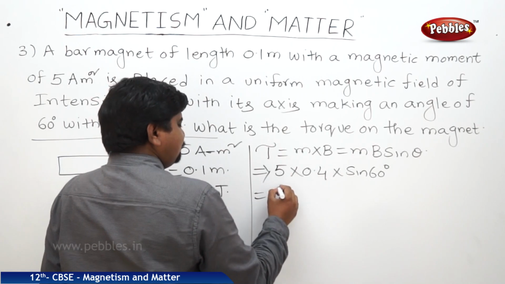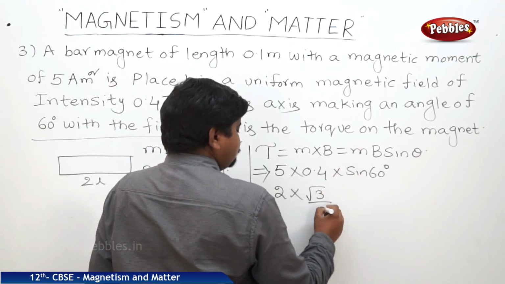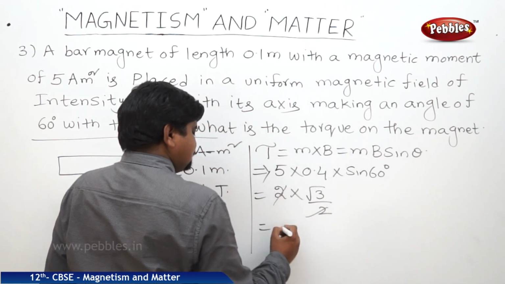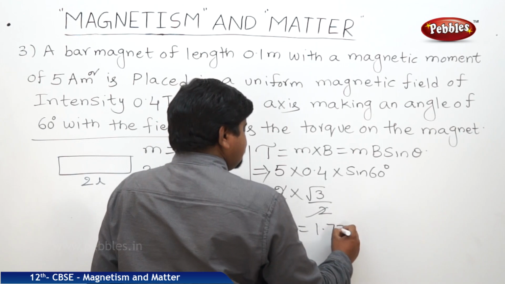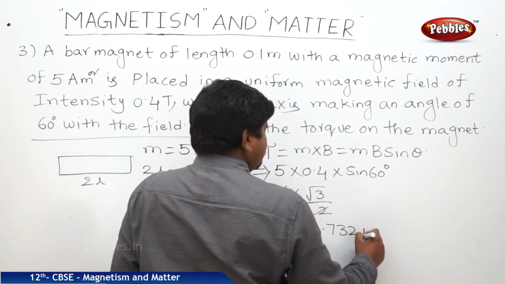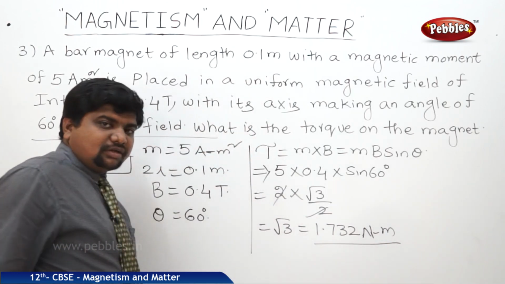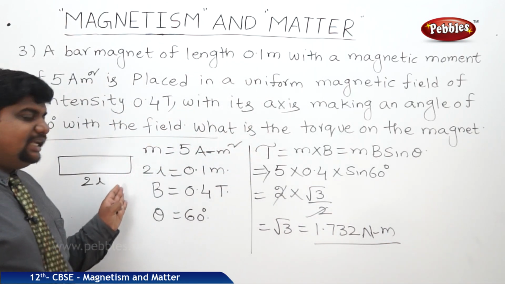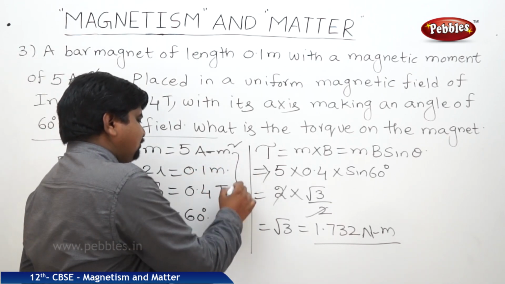So 5 into 0.4, 2. Sine 60 is root 3 by 2. 2 gets cancelled. So root 3, nothing but 1.732 Nm. This much torque will be experienced by a bar magnet of these dimensions placed in this type of field.